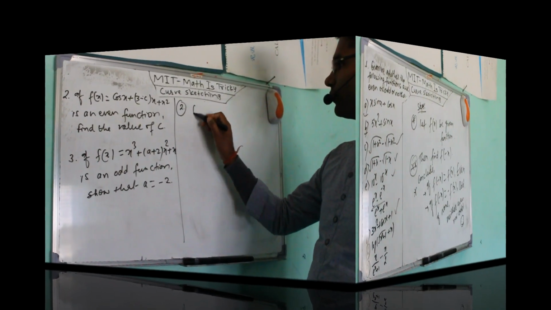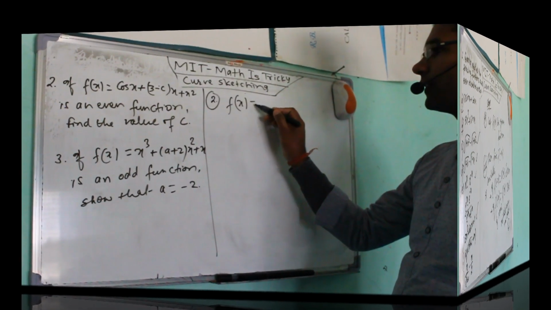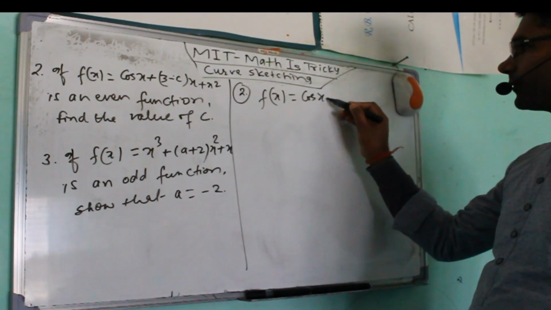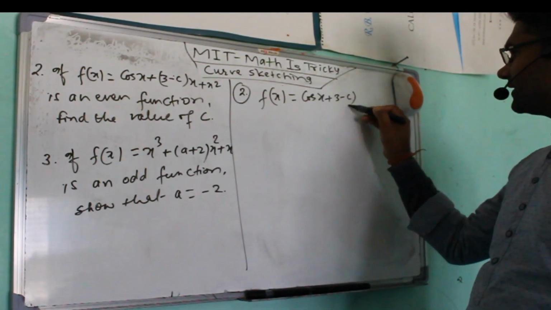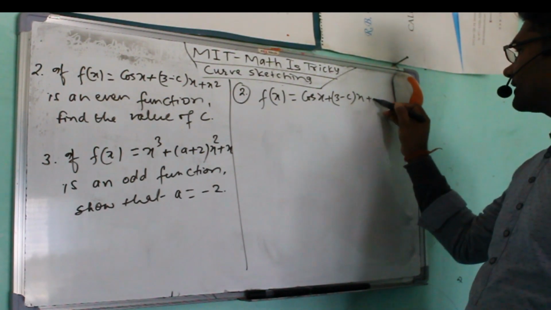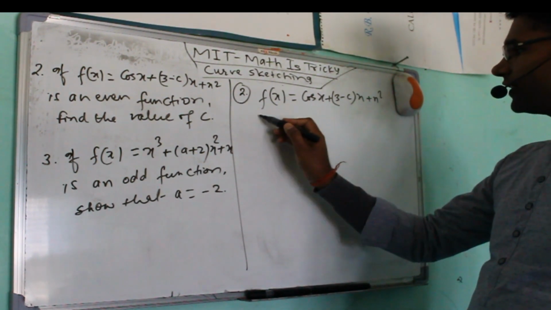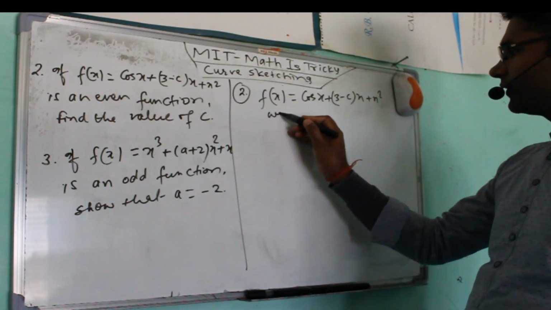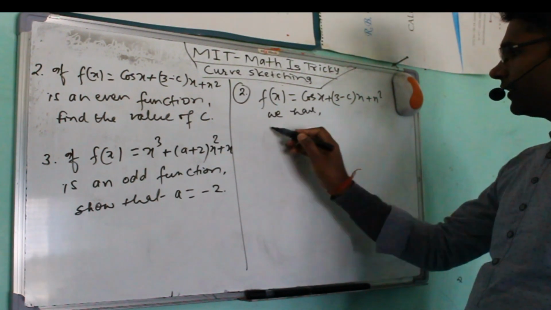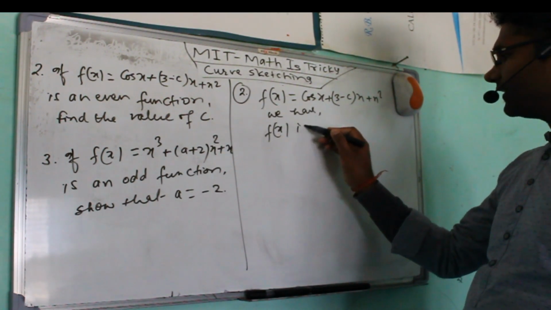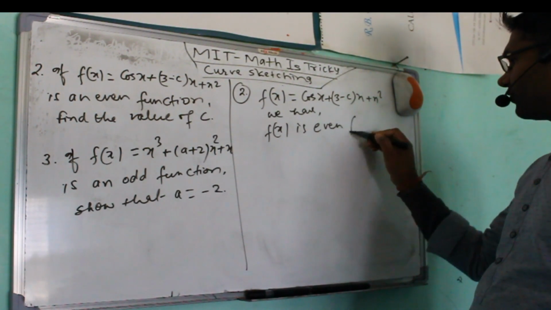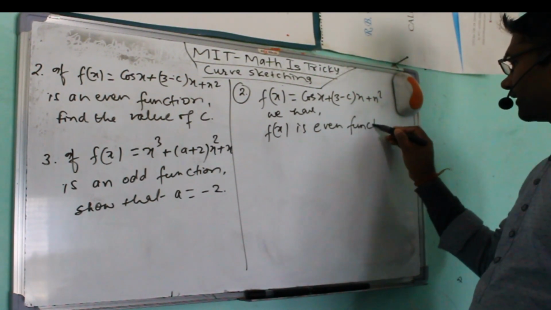Here we are given f(x) = cos x + (3 − c)x + x². We are given that f(x) is an even function, isn't it?